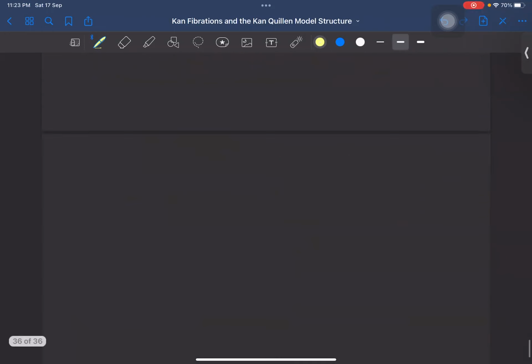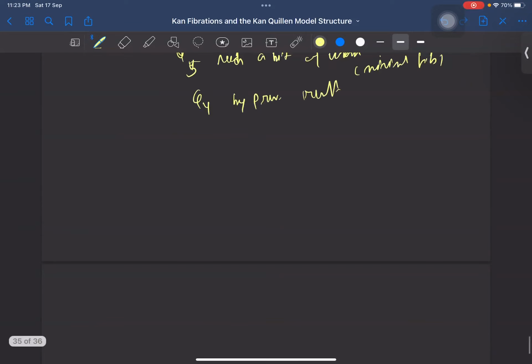Now I'm yet to talk about Kan's Ex infinity functor and anodyne extensions. So there are two things. Let me continue. People who can leave, sorry about that.